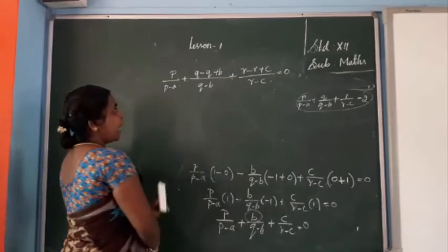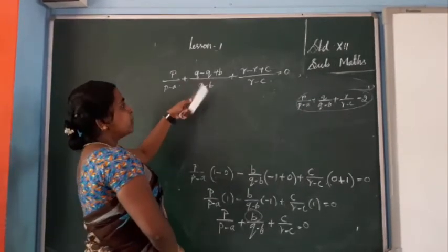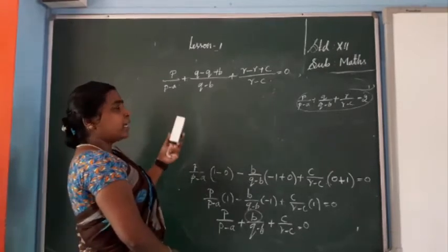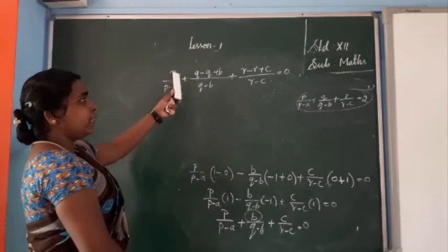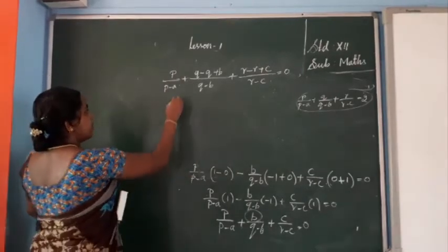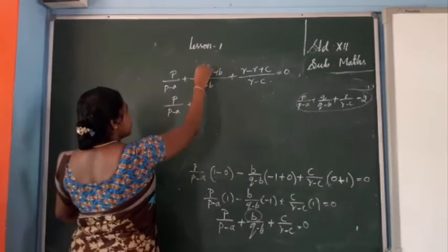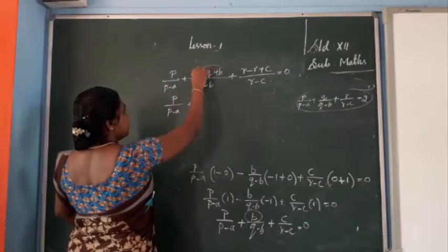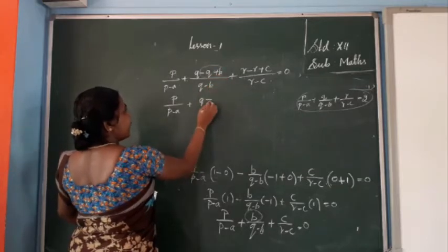So when you are adding one term extra, you have to subtract immediately. When you are multiplying one term, you immediately have to divide. That is adjustment. Here I have added and subtracted. Now you see p by p minus a plus, so these two terms you take together. Next, q minus: from these two terms you take one minus common.